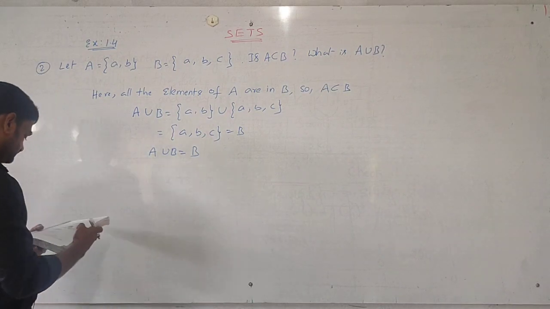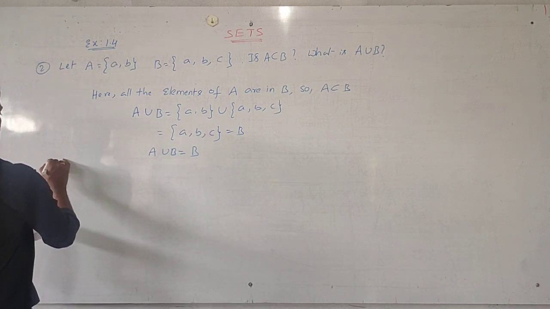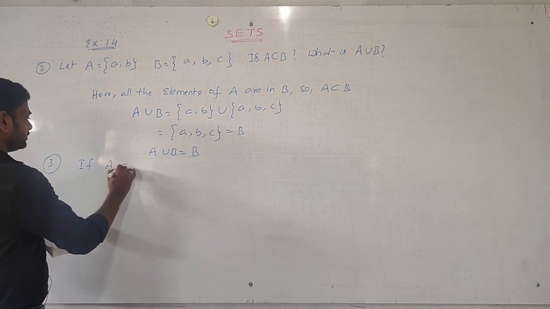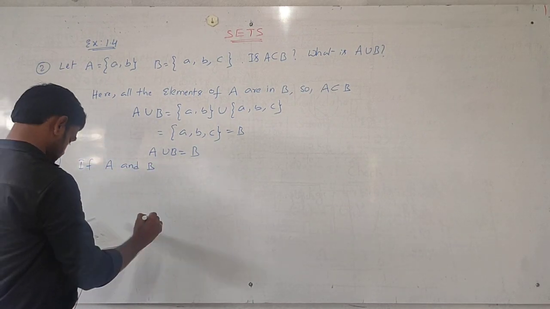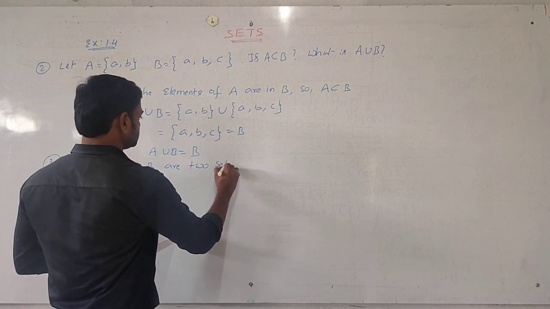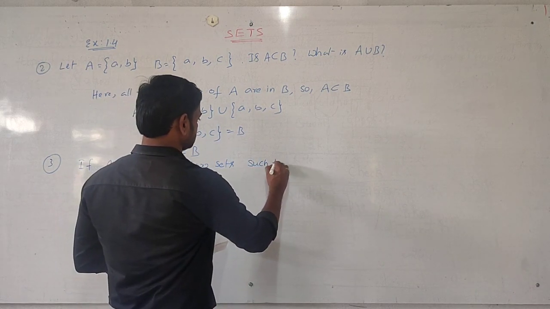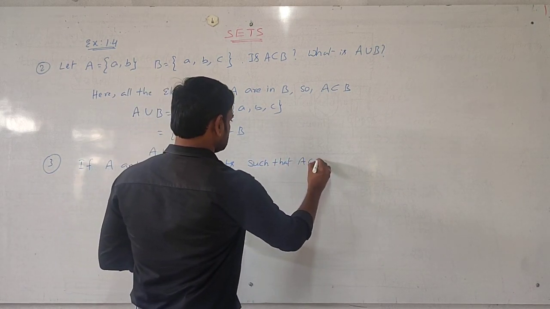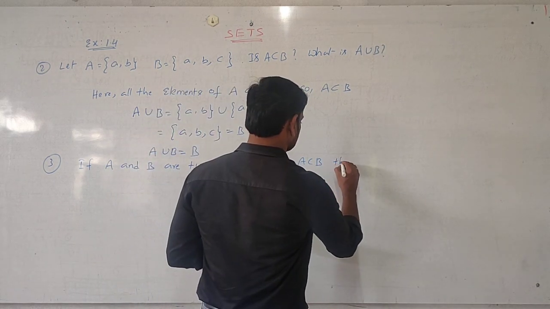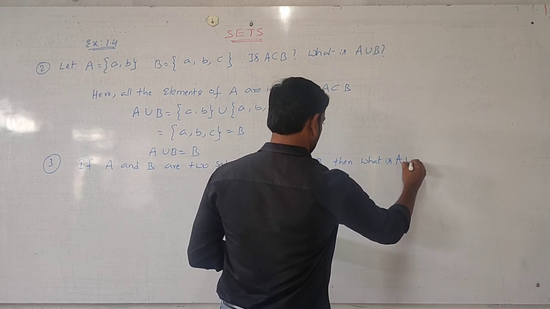Next problem is third. If capital A and B are two sets such that A is a subset of B, then what is A union B?